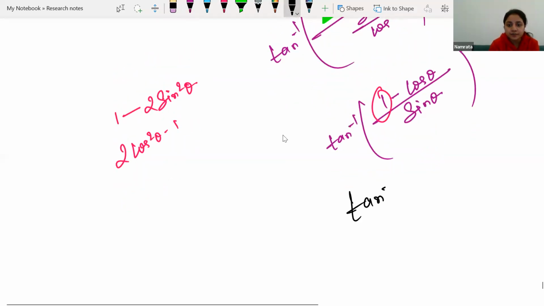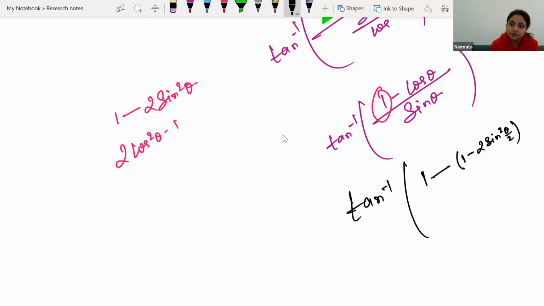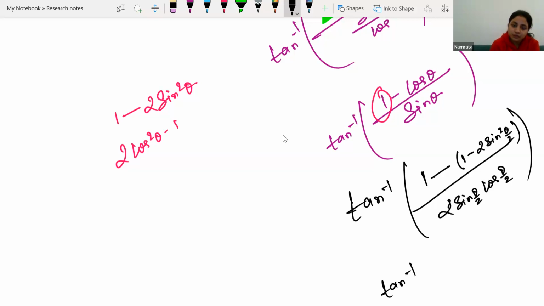Tan inverse of 1 minus, writing the first formula with brackets to show you, 1 minus 2 sin square theta by 2, over 2 sin theta by 2 cos theta by 2. So tan inverse of 1 minus 1 plus 2 sin square theta by 2 over 2 sin theta by 2 cos theta by 2.